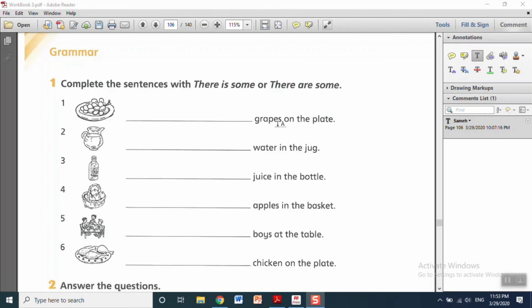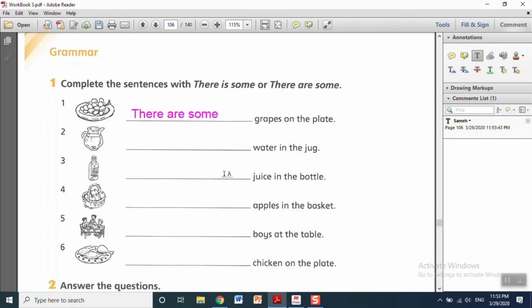Excellent, it's plural. So we say there is some or there are some with plural nouns. Great, there are some. So we write here there are some.